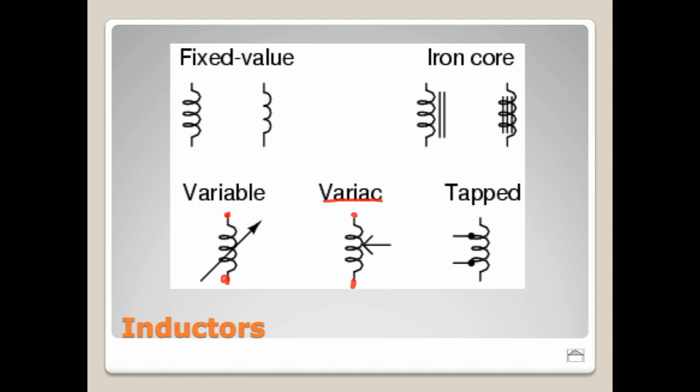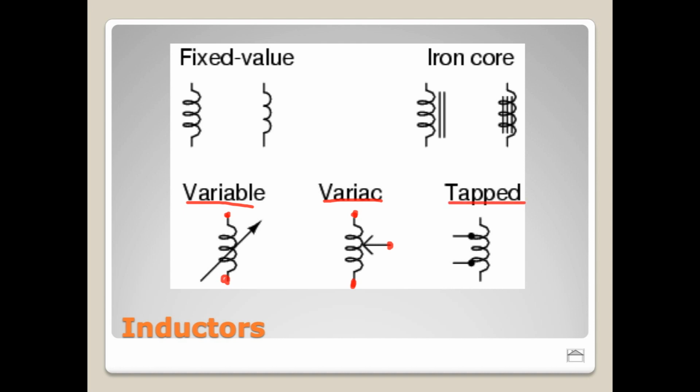So this is the beginning of the coil up here, this is the end of the coil here, and then here is the output of the brush. So this is different, right? It is a variable inductor, but it's a little bit different in that it has the actual tap coming out of the center there. With the other variable inductor over here, this simply has the two contact points, and then by changing a knob, it just changes the value that comes out.